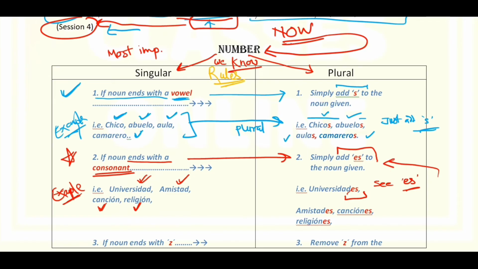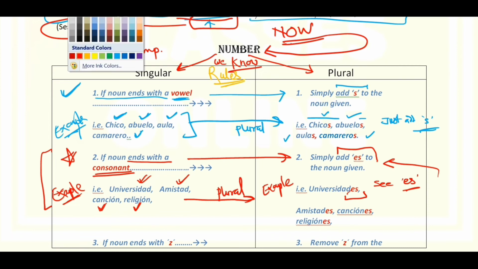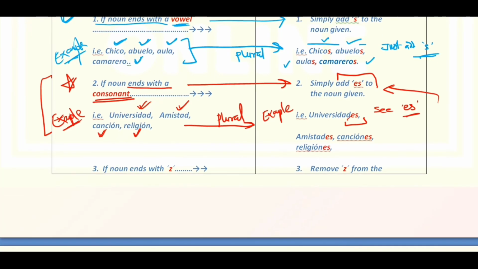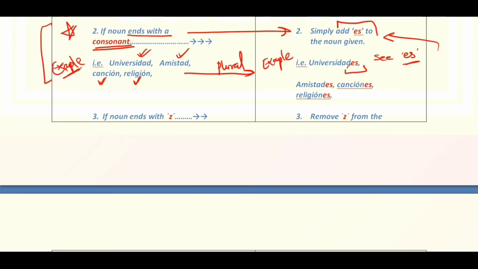Second example is amistades. Amistad is singular and we have added es. Canciones, religiones. So we have added these.